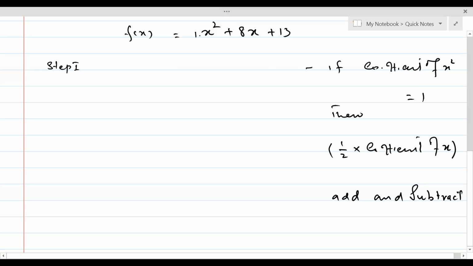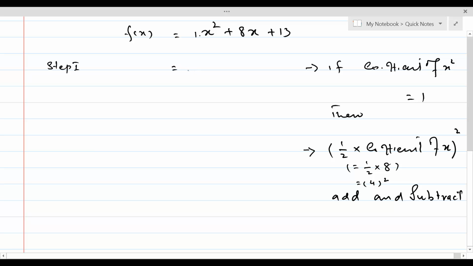We identified that the coefficient of x square is equal to 1, and now we are going to multiply the coefficient of x with 1 by 2. Here the coefficient of x is 8, so this will be equal to 1 by 2 multiplying with 8, and that is equal to 4. And we are going to take the square of this, and subtract and add it on just one side of the equation.